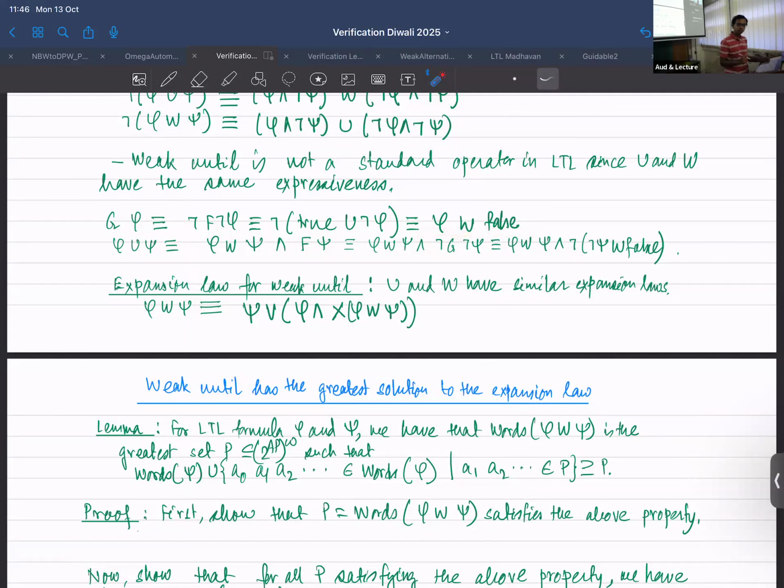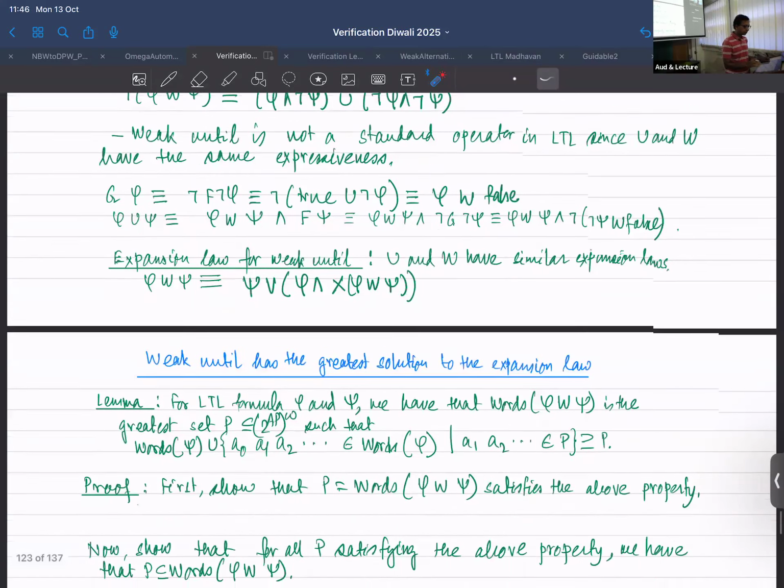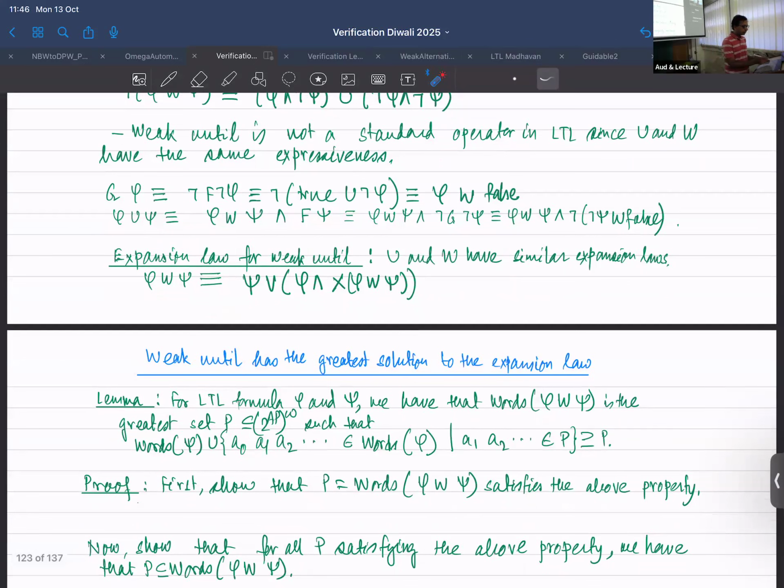So this is like the globally or always phi. And phi until psi you can also express using the weak until, like it's phi weak until psi and eventually psi. And eventually can be expressed using globally, not of not psi, and so you get something like this.